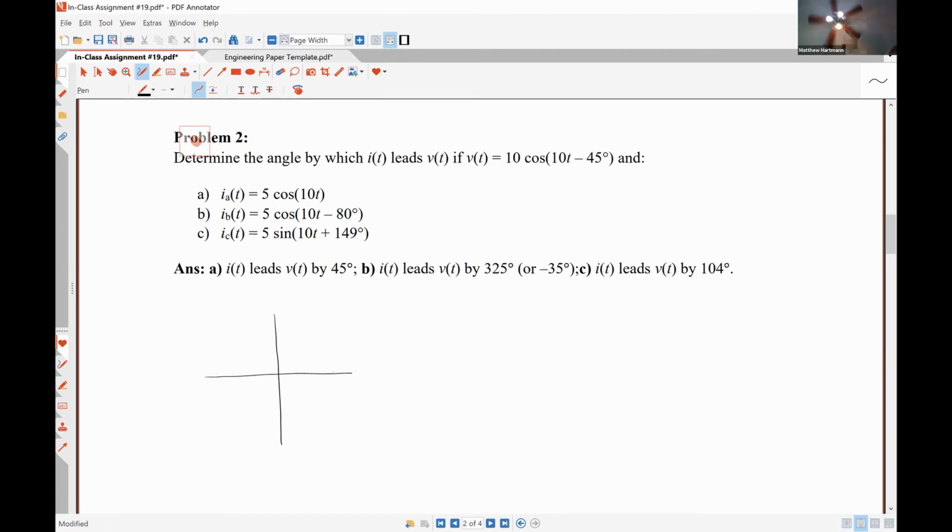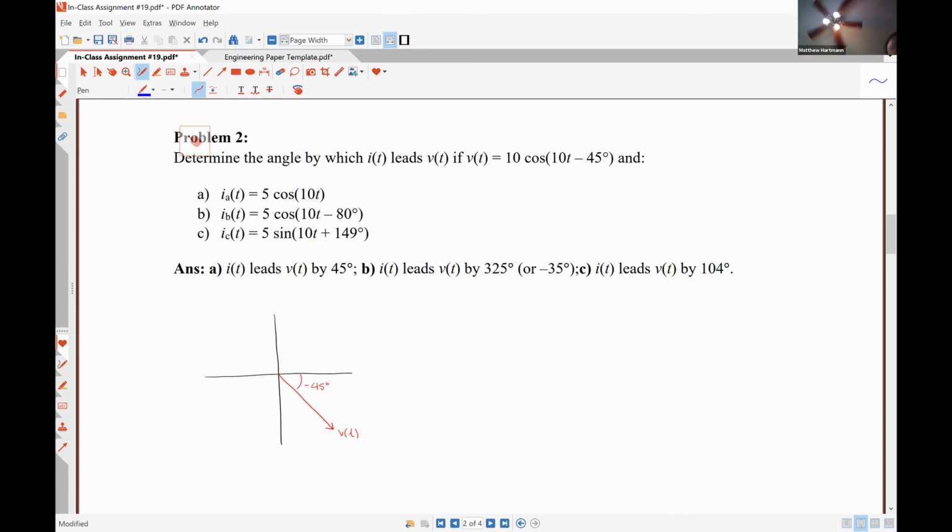So let's make our voltage waveform in red, so 10 angle negative 45 degrees. Here the magnitude doesn't particularly matter. So this is V of t, with an angle of negative 45 degrees like so. And then I_A of t, I'll do it in blue, we have 5 cosine 10 degrees.